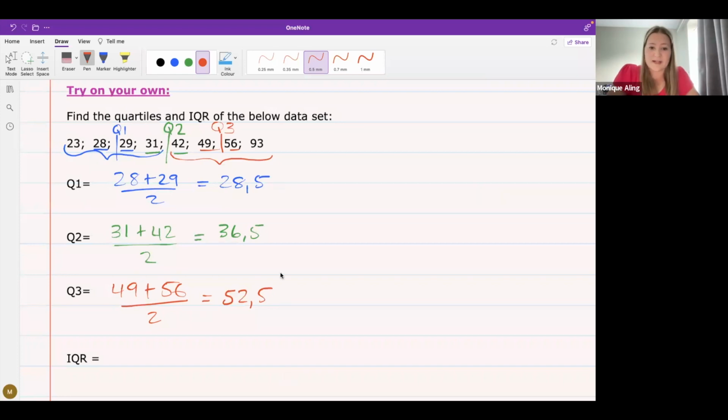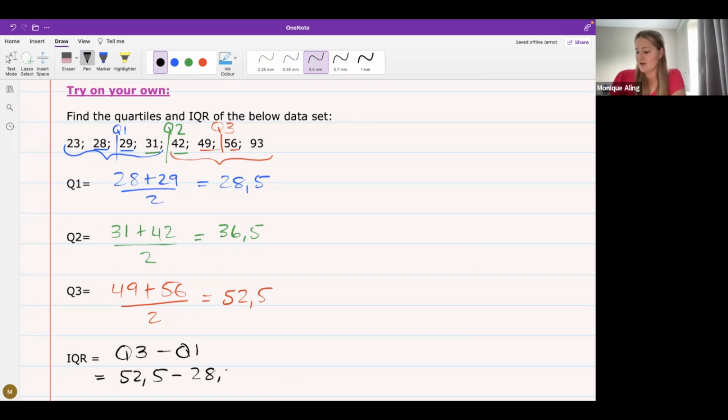Just want to quickly check. Okay. Looks like most of us did get those answers. Let's get our final answer, which is the IQR. IQR is quartile 3 minus quartile 1. So it is 52,5 minus 28,5.